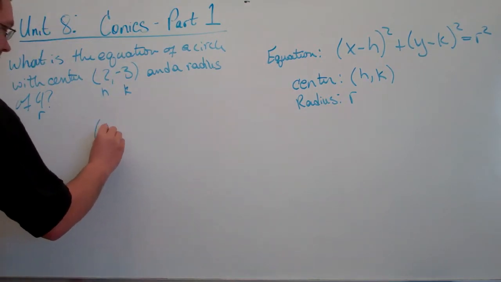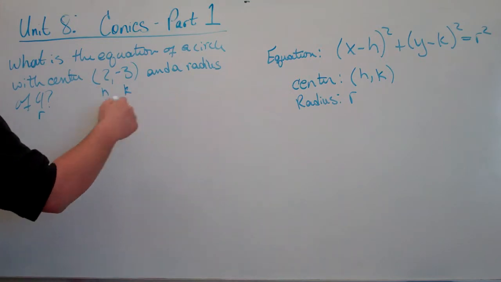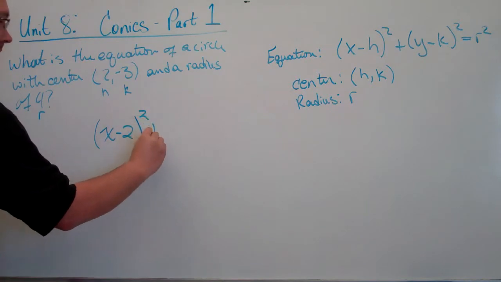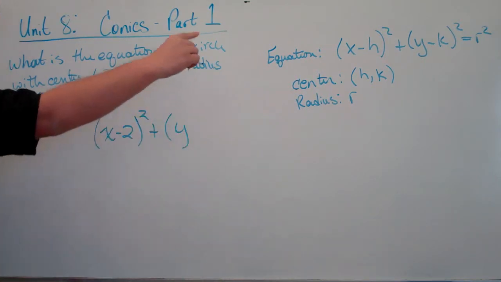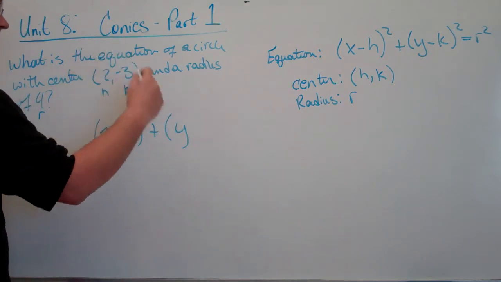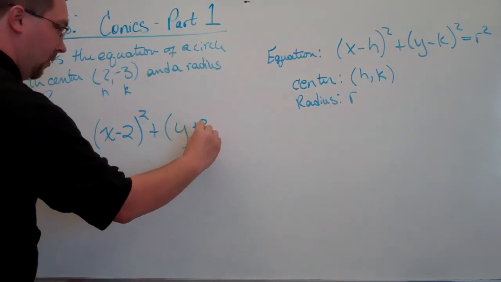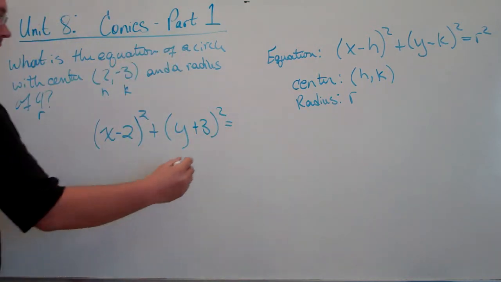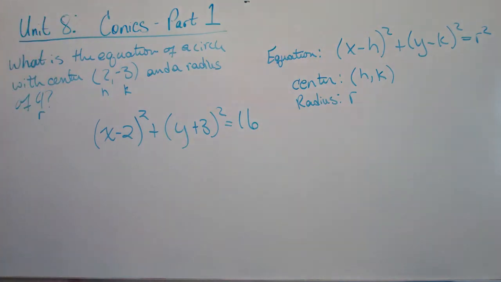So we have x minus h. Well, h is positive 2, so it's going to be (x - 2)² plus y minus k. K is negative 3, so it's going to be y minus negative 3, or plus 3, squared, equals r squared. R is 4, so r squared is 16.